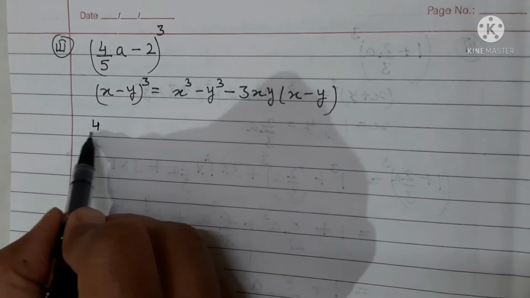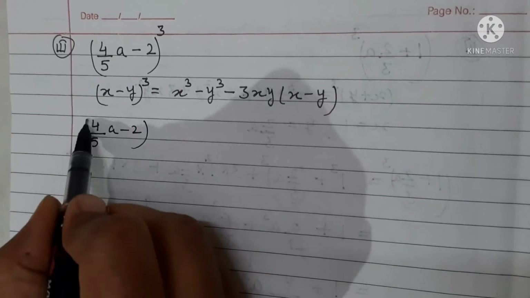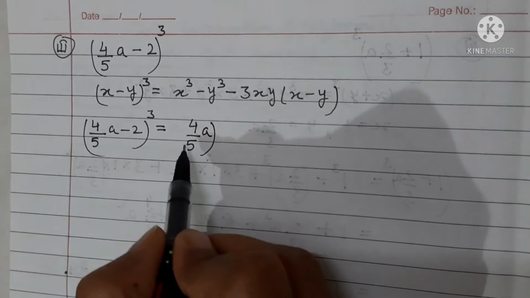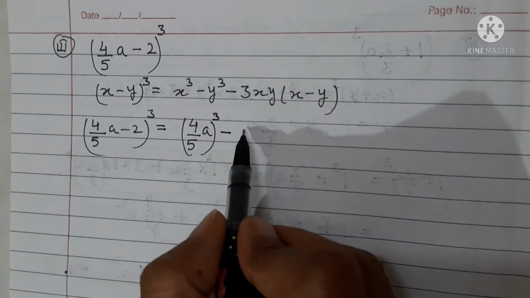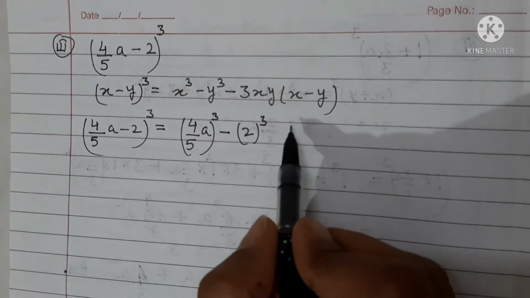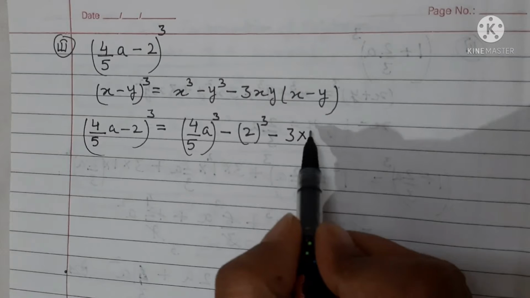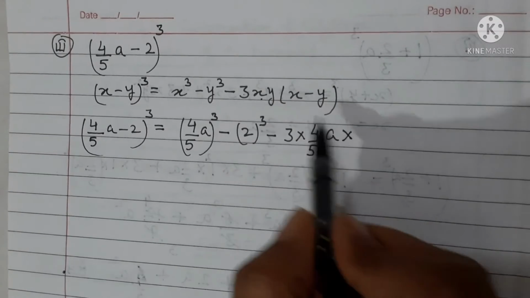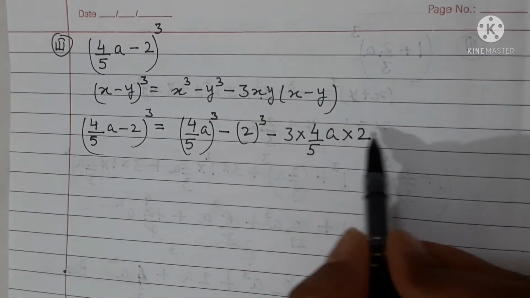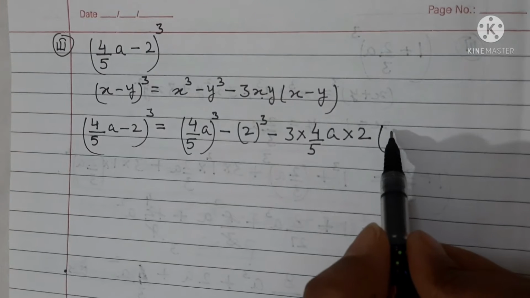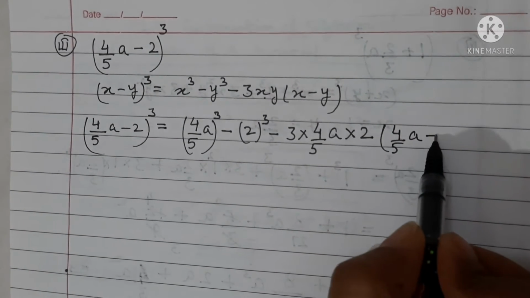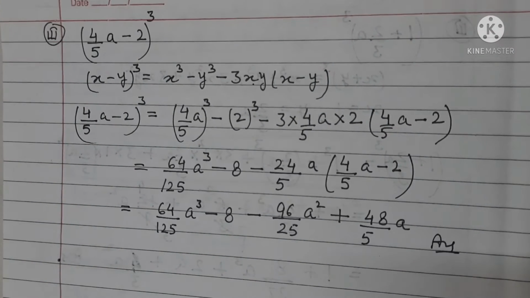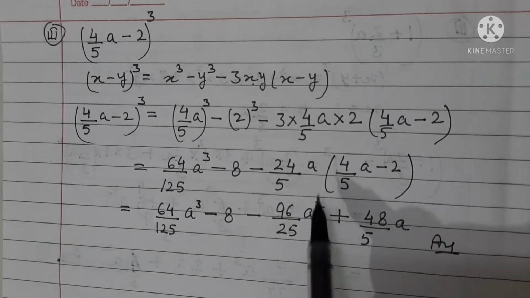So substitute the value. 4 upon 5a minus 2 whole cube is equal to 4 upon 5a whole cube minus 2 whole cube minus 3 into 4 upon 5a into y means 2 and x minus y, 4 upon 5a minus 2. Now solve it and get the answer. Now this is the answer.